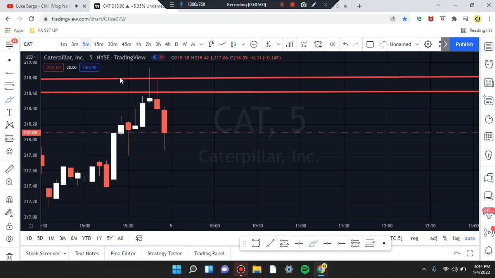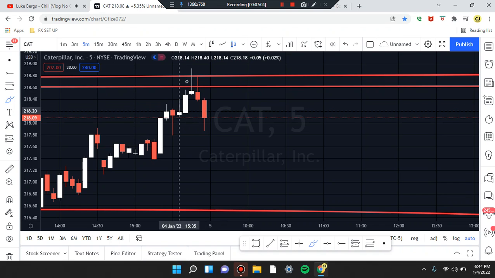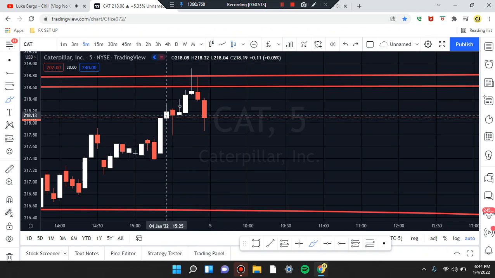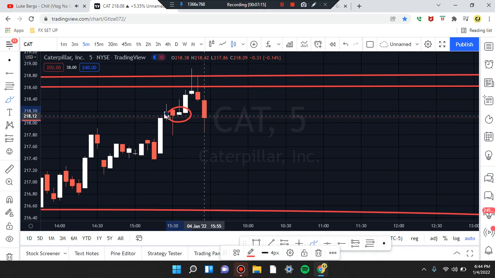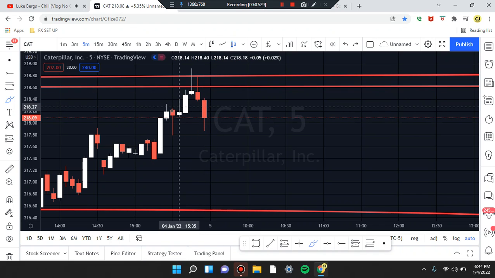Headed down to the 5 minute. Let's see what we see. Double top, market spiking down. So market spiked up once, market's coming down. So 2 pushes to the top, market coming down, single top of the retest, and we got the engulfment to this area here. All we're doing is waiting for that closeout, and we may want to wait for a third candle after the candle after this to engulf the previous 1, 2, 3, 4, 5, 6.